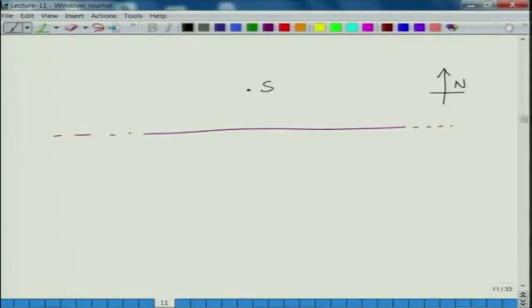That is the typical direction of north, okay. And this is the wall which is 2.5 meter high, okay. And this distance is also given, this distance is given to be 10 meter, okay.